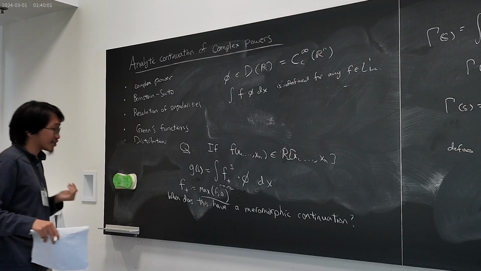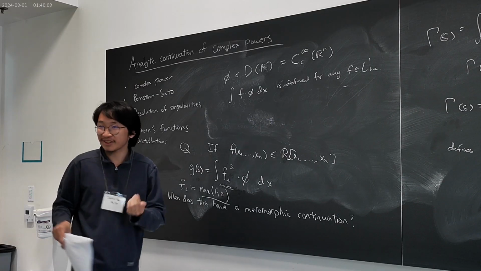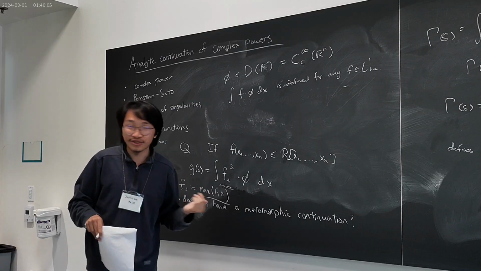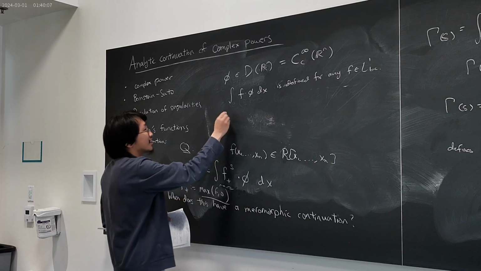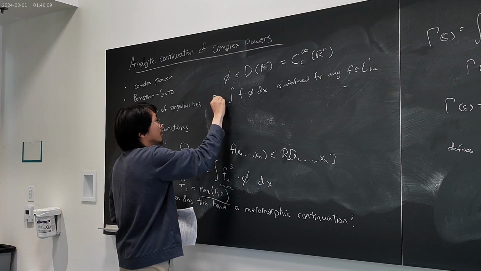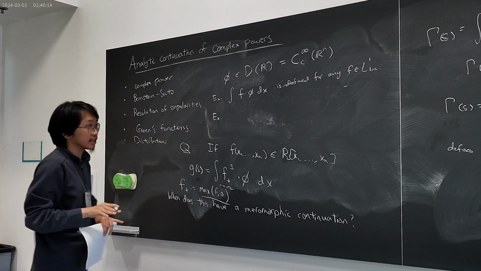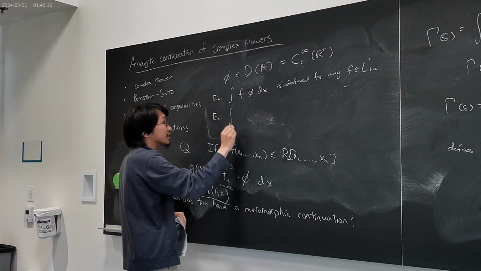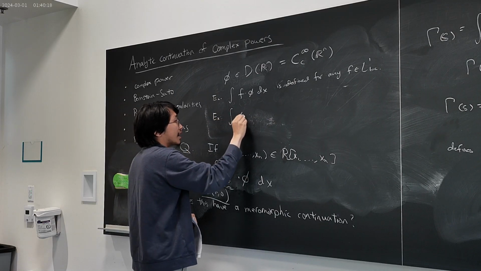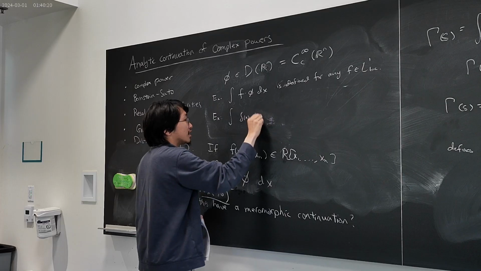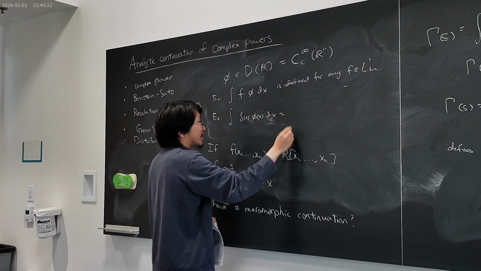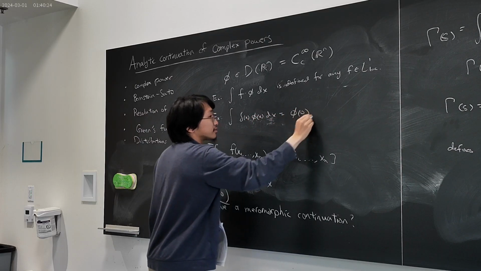A good example of a distribution is the Dirac delta function, which is not a function, but it is a distribution. If you take this phi of x dx, this is essentially evaluating the function itself.